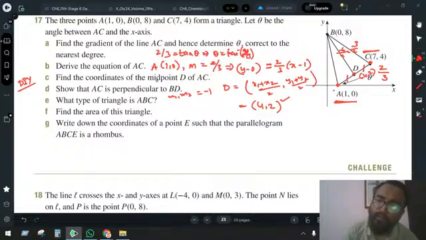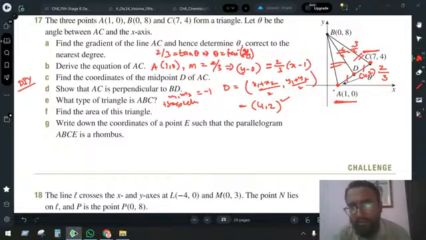These are equal, so it is symmetric. This is equal to this. There is a similarity concept. It is isosceles. How can you find the area of the triangle?